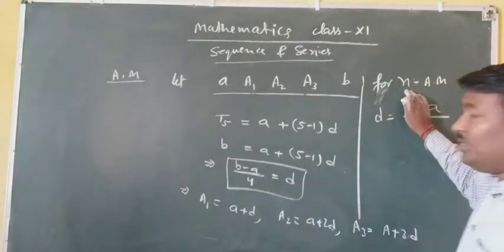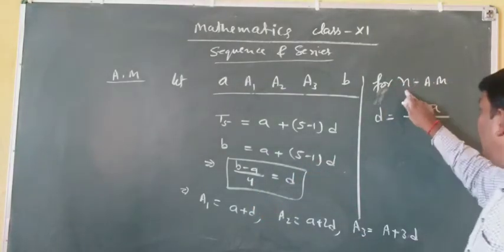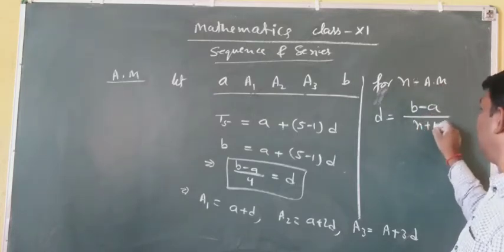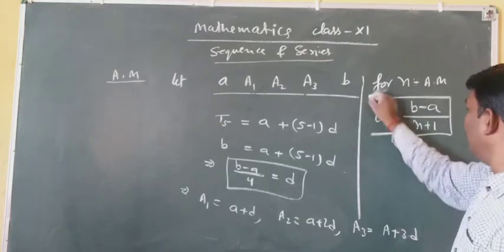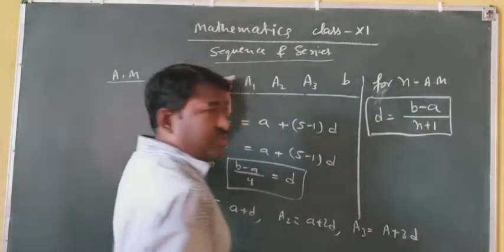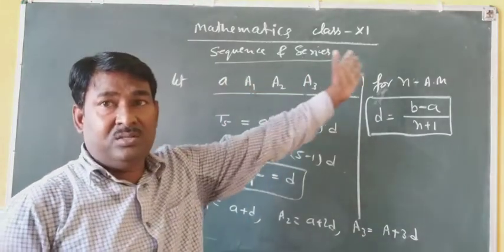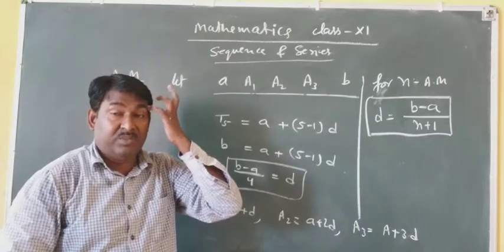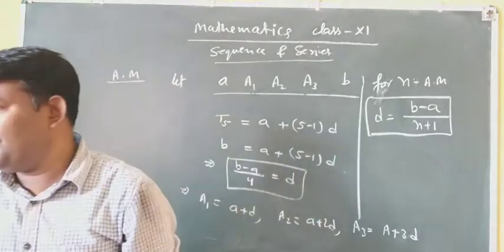Here we are going to introduce n arithmetic means, so here it will be n plus 1. By using this formula we can calculate d, and thereafter adding it to the previous term we can find all the arithmetic means. By taking some examples I am going to explain.